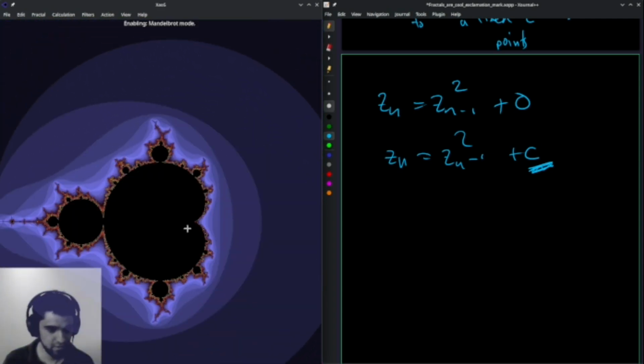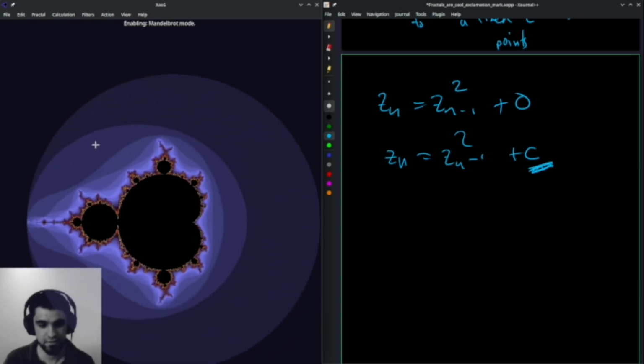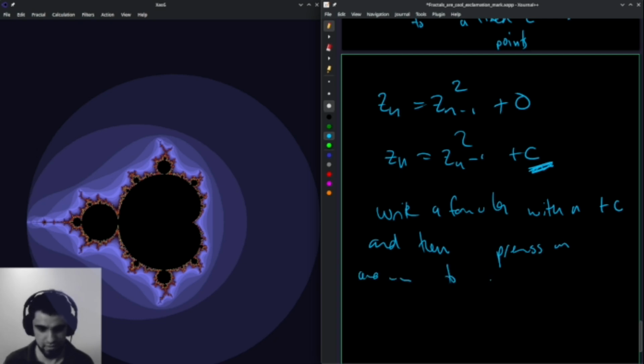Okay? And so when we are exploring fractals, what we can do is write a formula with a plus c, and then just press M around to see what we get at different points, right?